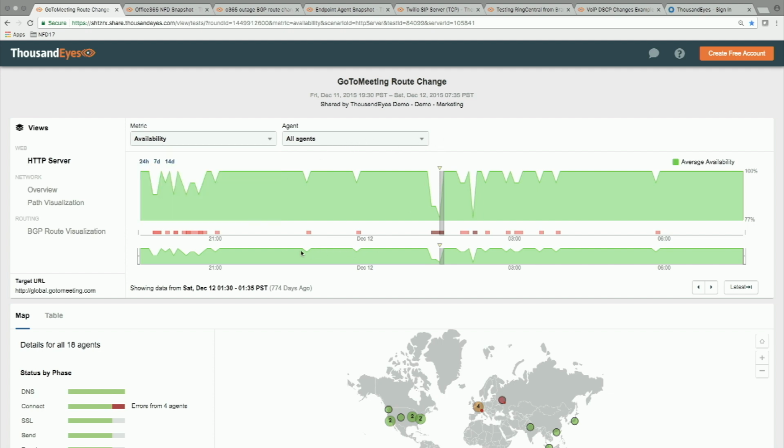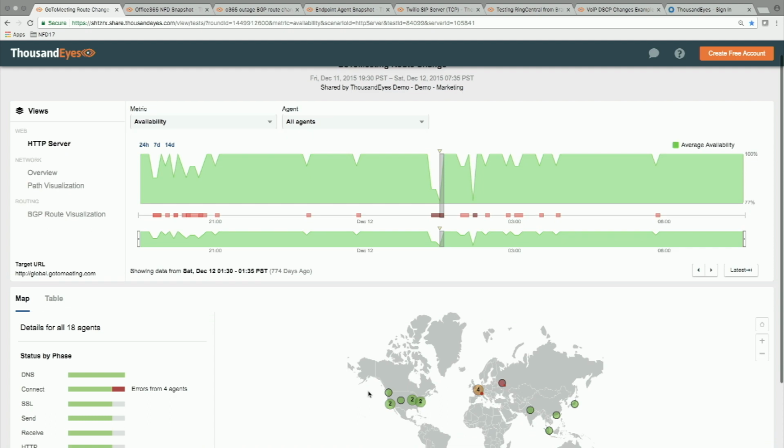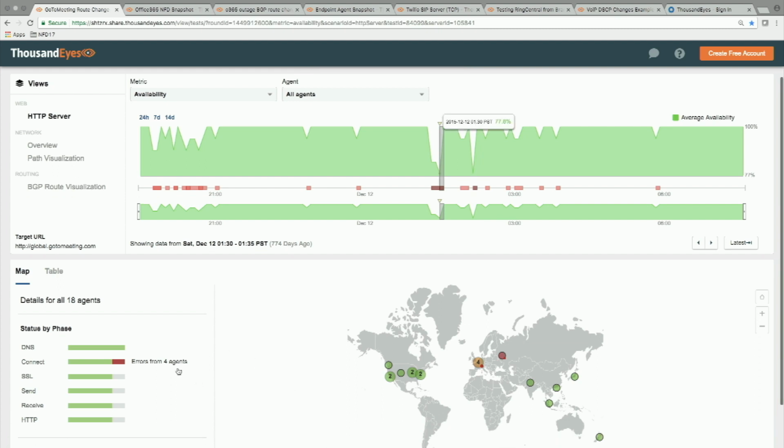In this case, we've selected a period of time here. We can see what that availability looks like. If it's not 100%, I'd be a little bit concerned, because that means there's people around the world, as depicted here on this map, some various places around the world we can see that we're actually doing monitoring from, that are unable to reach my service. I can see those in red right there on the map. I can even see very easily demonstrated right here, what are some of those problems?